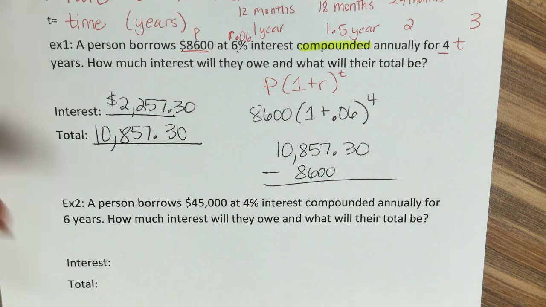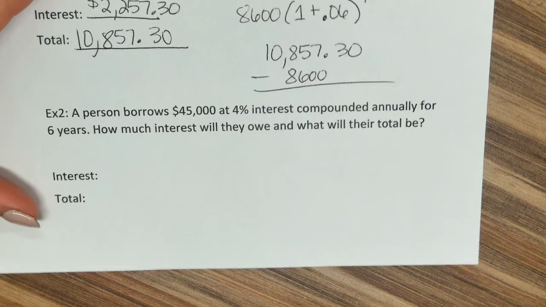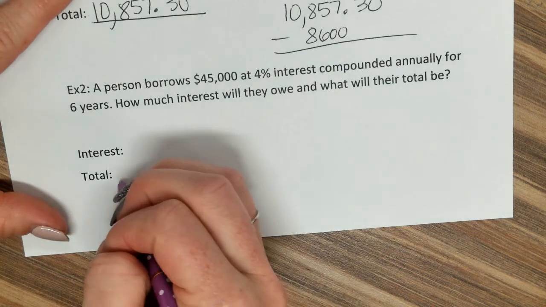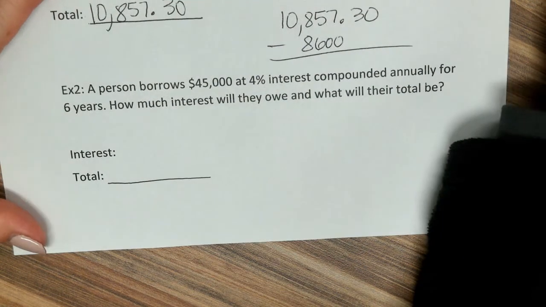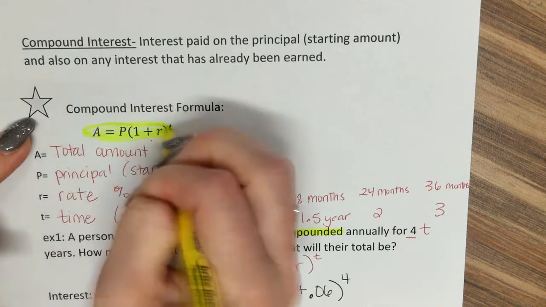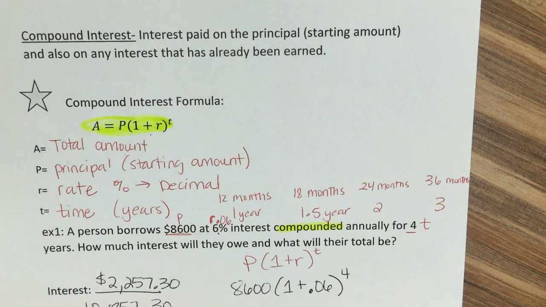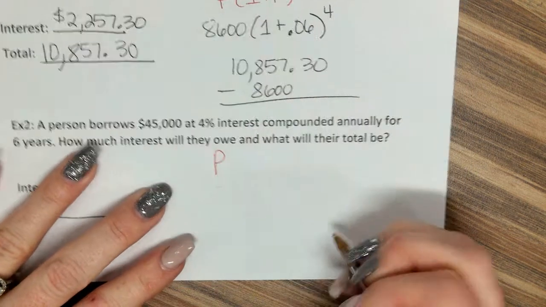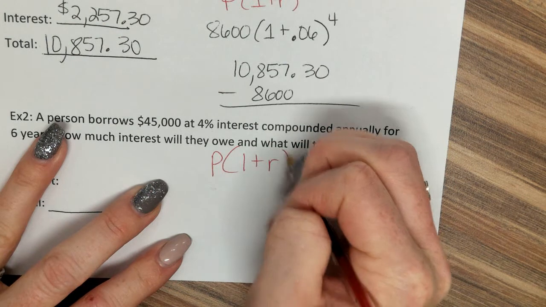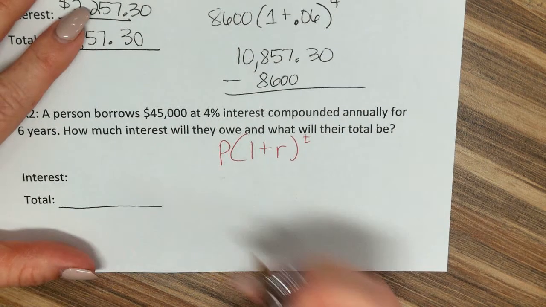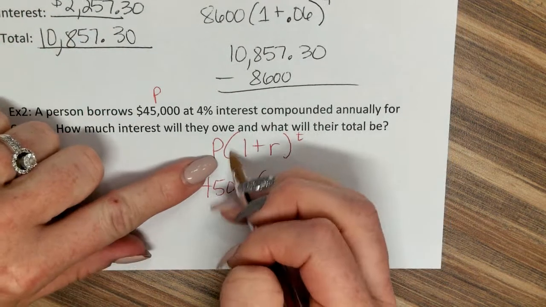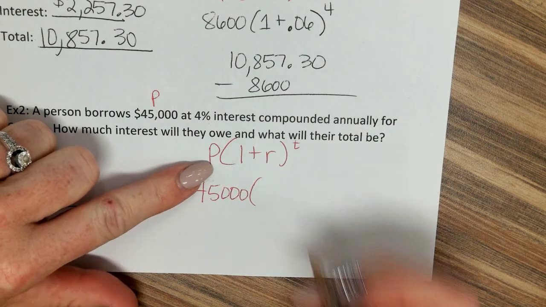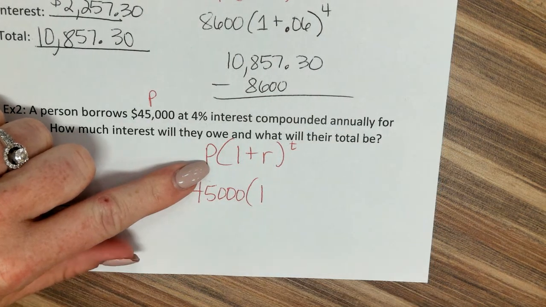Y'all are going to do the next one on your own. Remember that when you use the formula, it's going to give you this answer. Okay, go. The formula is right here. So all you're doing is dropping the numbers in that formula. So the formula says P, open parentheses, 1 plus R to the T power. So my P was 45,000. Then I'm going to open parentheses because that's what the formula says. Then 1, because that's what the formula says.